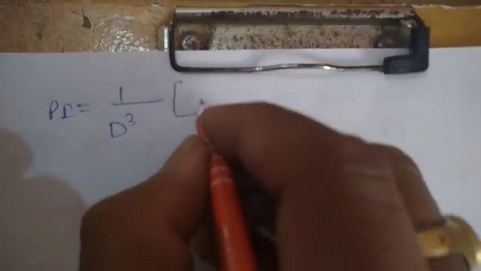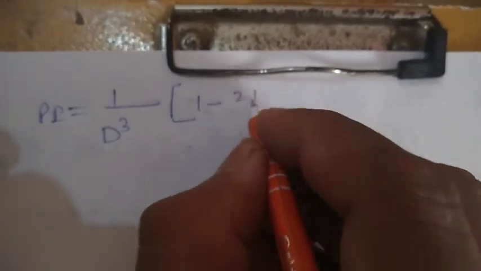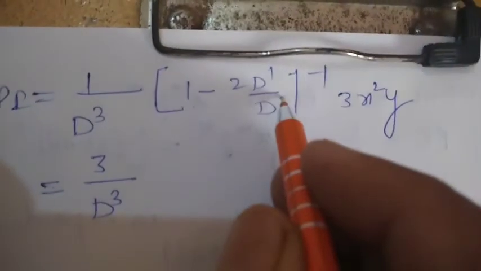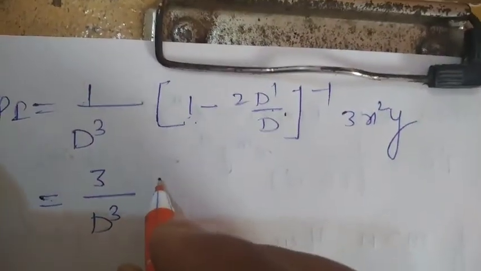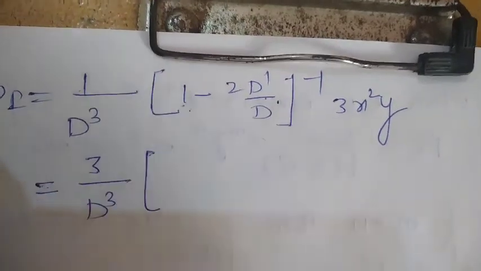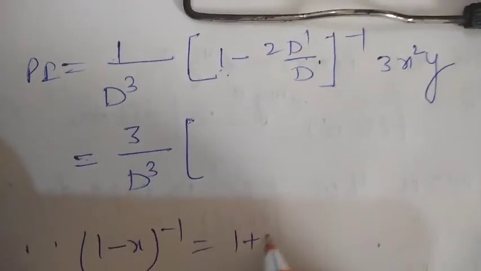So now PI is 1 upon D cube, and the denominator goes to the numerator like this, (1 minus 2D' upon D) to the power minus 1, of 3x square y. Taking 3 out, 3 upon D cube, and as you know, the expansion of (1 minus x) to the power minus 1 is 1 plus x plus x square plus x cube and so on.